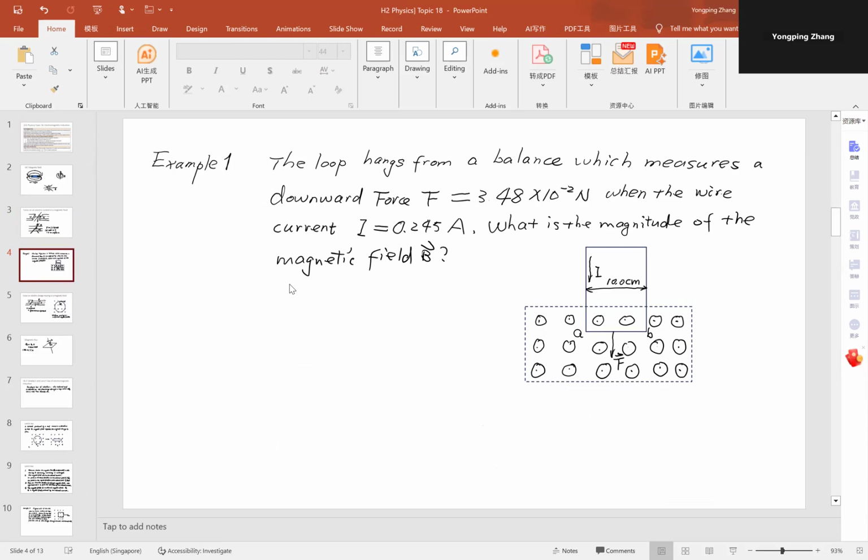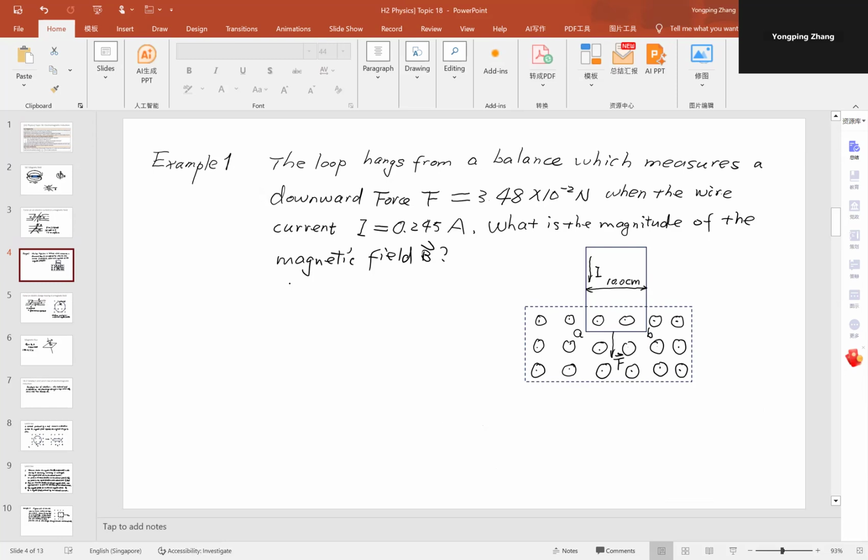For example, a loop hinged from a balance which measures the downward force when the wire carries current. What is the magnetic field B?